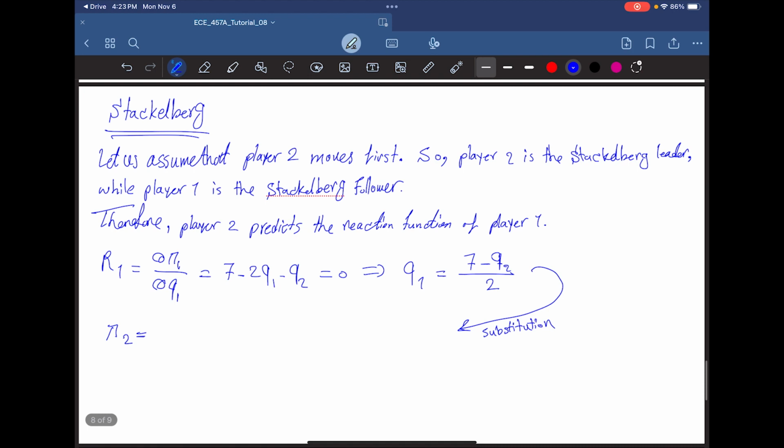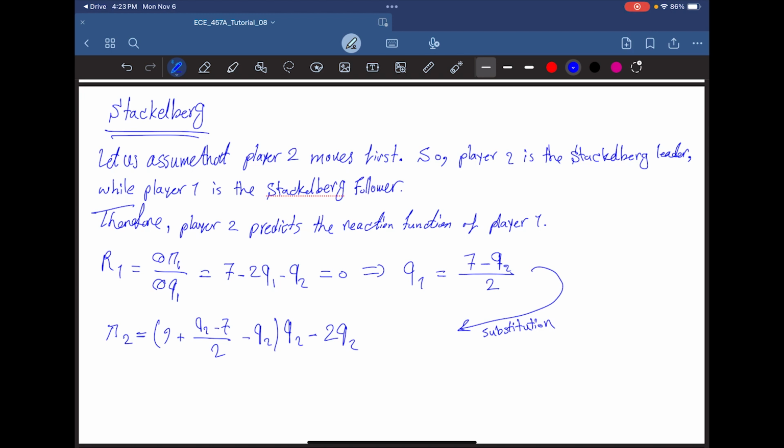So in this case, we have 9 minus (7 minus Q2) over 2 minus Q2, times Q2, minus 2 Q2.